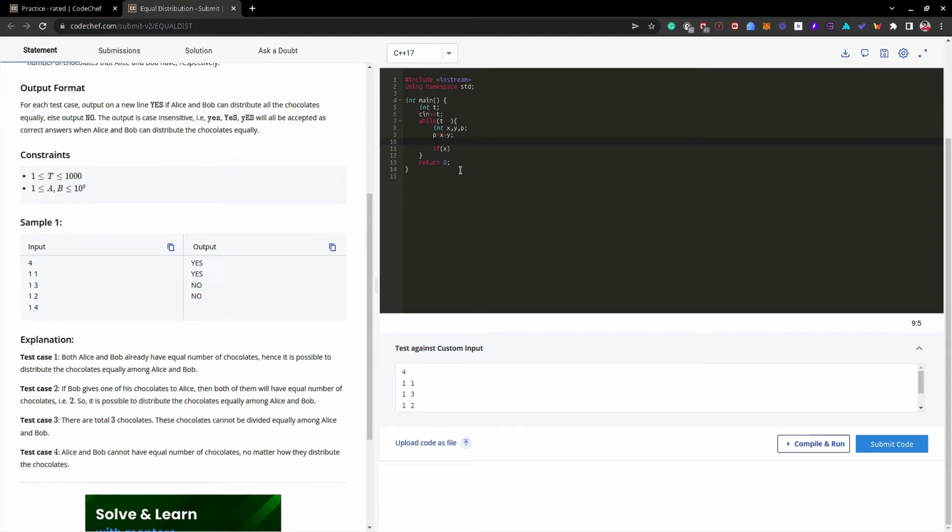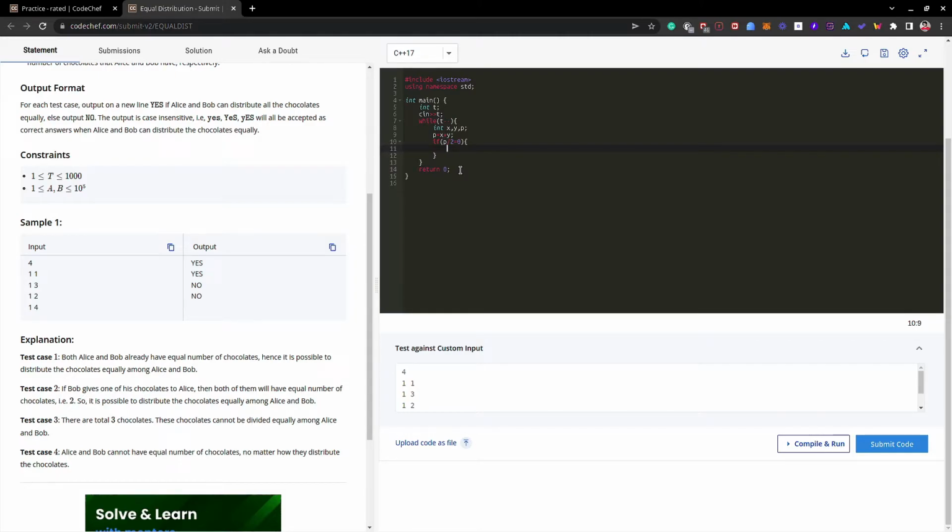So if p divided by 2 equals 0, I mean if it is divisible, or remainder, I just can't remember. We can check whether it is divisible or not.